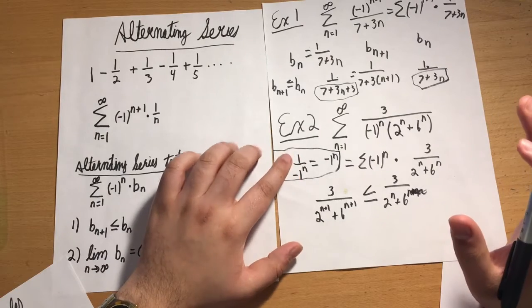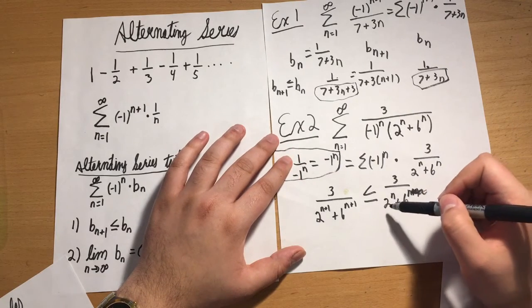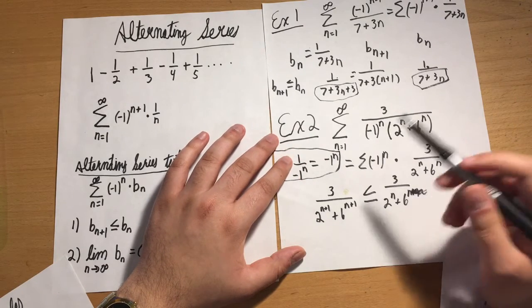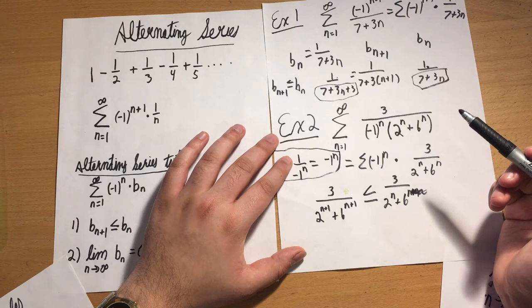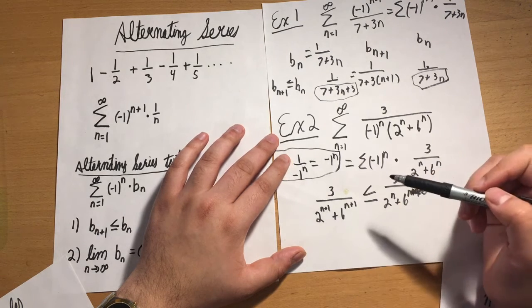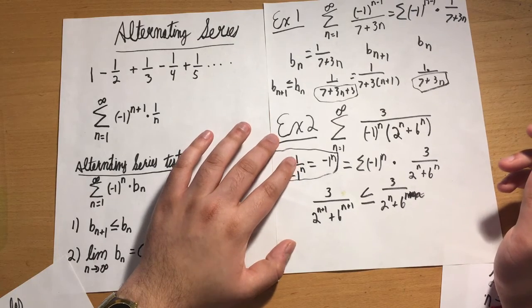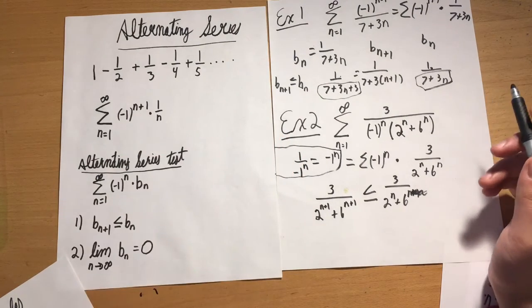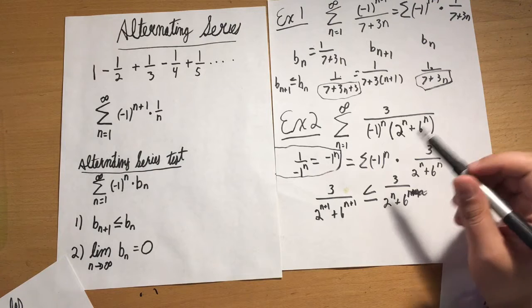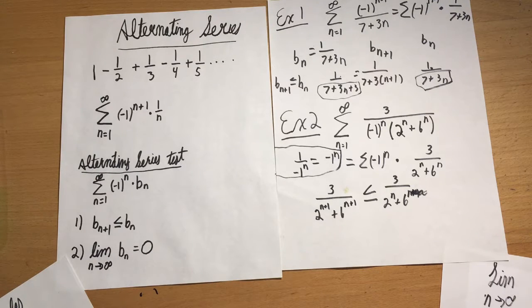The reason for this is 2 to the n plus 6 to the n is a smaller number than 2 to the n plus 1 plus 6 to the n plus 1. So it satisfies that first condition of being decreasing.